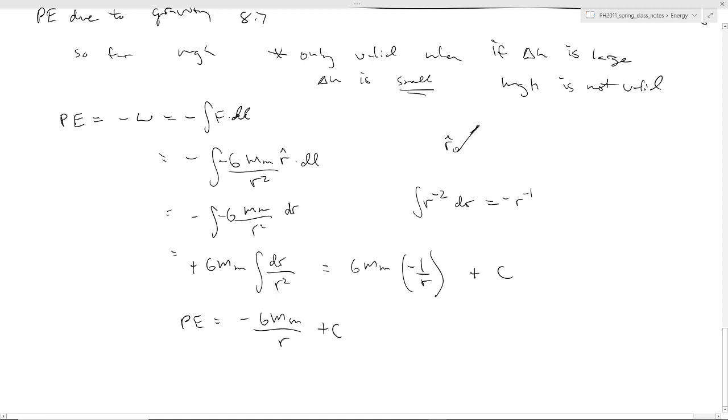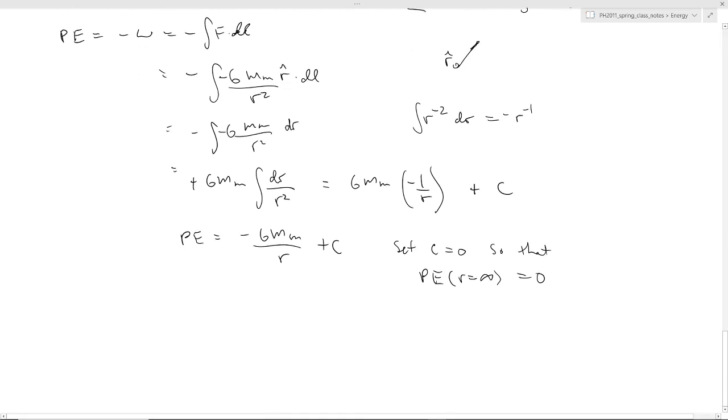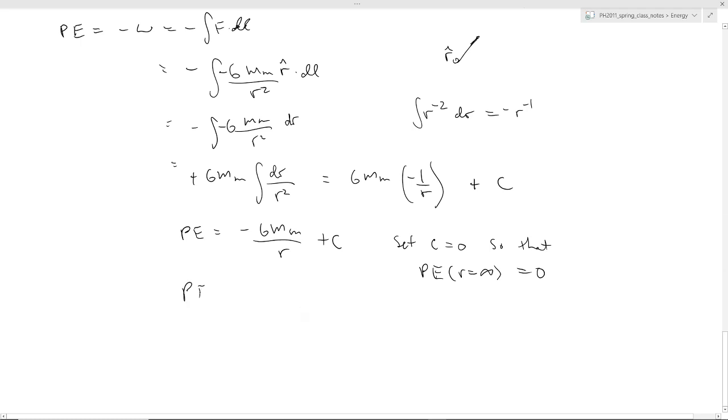In other words, set C equal to 0 so that the potential energy at r equals a large number goes to 0. This is kind of weird, maybe, because what this means is that the potential energy is always negative.